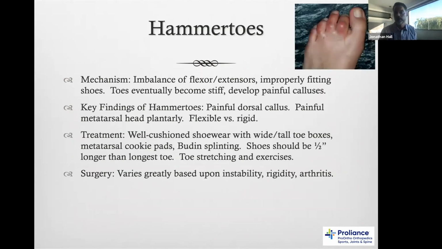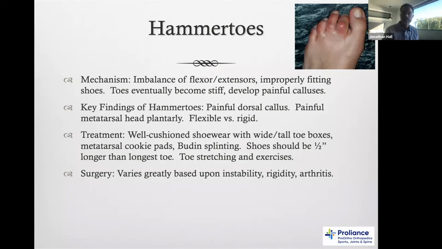Hammertoes are painful curling of the toes and deformities of the lesser toes, and oftentimes it's in conjunction with the bunion. So the big toe is a bully and pushes the second toe out of the way, and it gets stiff and painful. And so correcting the hammertoes is oftentimes done. There are a lot of intricacies across the forefoot.